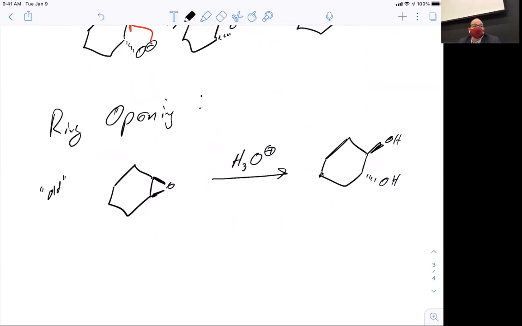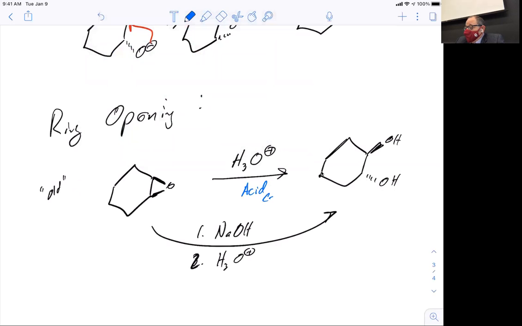What we're going to get into here is specific. There are some subtleties to ring opening, depending on whether we do it in this case with the H3O plus, or if we had done sodium hydroxide followed by H3O plus. So in the top case, we're looking at an acid catalyzed, and at the bottom right, we're looking at nucleophilic promoted or base promoted ring opening. So we have two forms of ring opening to look at.